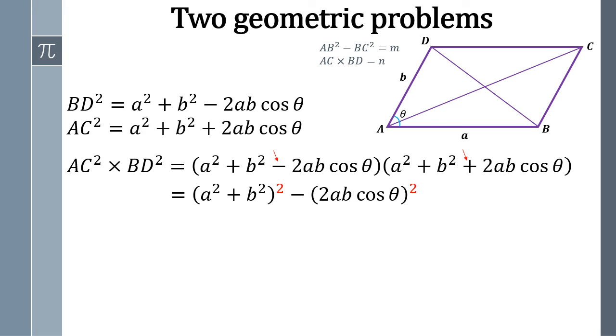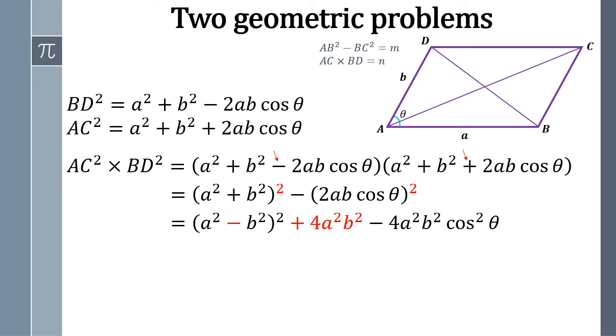The problem gave us the expression of a squared minus b squared, but I have a squared plus b squared here. Well, I can do some manipulation. It becomes a squared minus b squared then squared plus 4a squared b squared minus 4a squared b squared cosine theta squared.